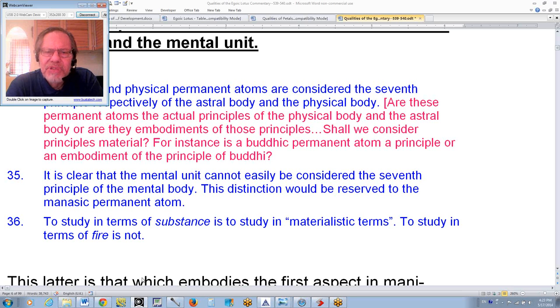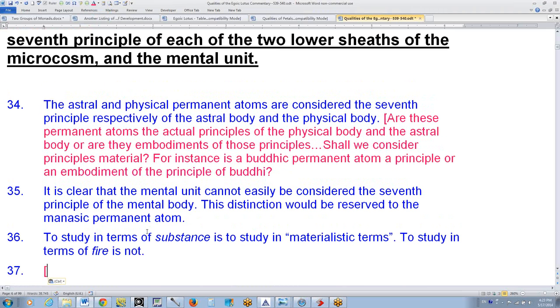To study in terms of substance, he says, is to study in materialistic terms, but if we study in terms of fire, it is not. And maybe to study in terms of fire is to study motion.